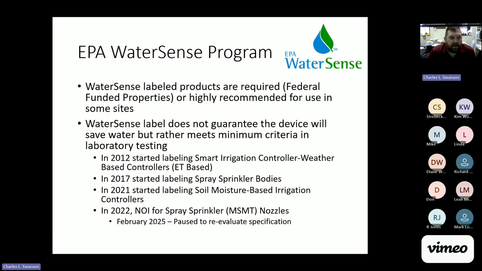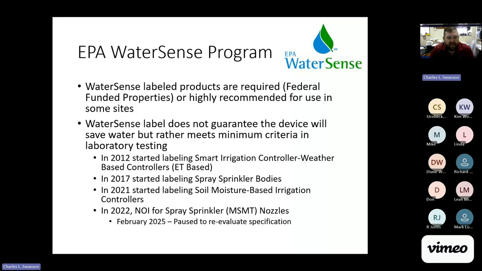And so, brief history here. EPA started labeling products in 2012. And the very first commercial landscape irrigation product that the WaterSense program put their label sticker on were smart irrigation controllers that were weather or ET based.